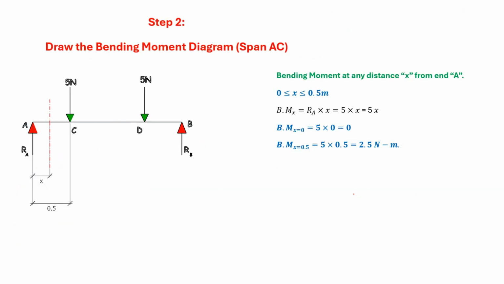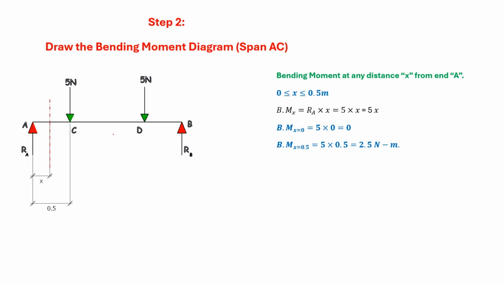Now bending moment. While drawing the bending moment diagram, there are different methods to find the bending moment. The first one is simply calculating the bending moment at points A, C, D and B. But the second method, which is quite useful for all kinds of problems, is using equations.